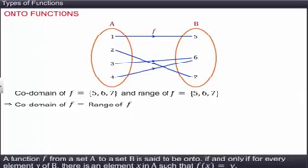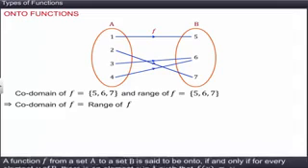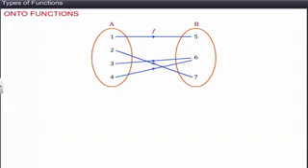Mathematically, a function f from a set A to a set B is said to be onto if and only if for every element y of B there is an element x in A such that f of x is equal to y. This implies for every y in the codomain there exists at least one x in the domain.